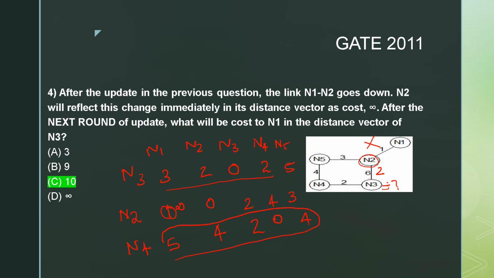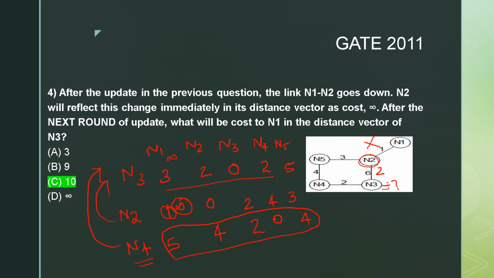So N3 will receive the tables of N2 and N4 here. Whenever N3 receives N2's table, this value is changed to infinity, so the cost from N3 to N1 is 3 plus infinity, which will become infinity. So this is not a shortest distance. Then it will go to the N4 table.